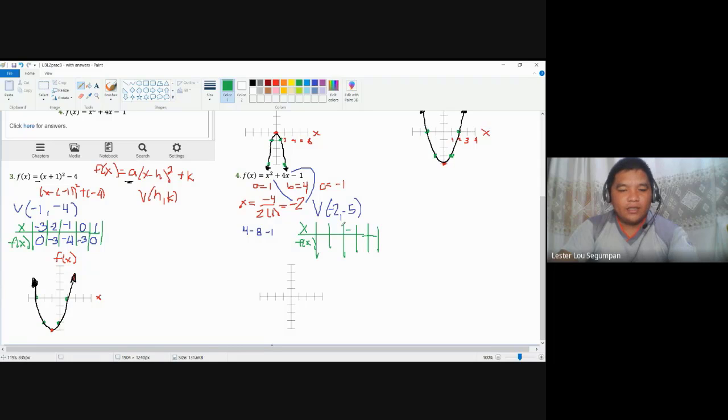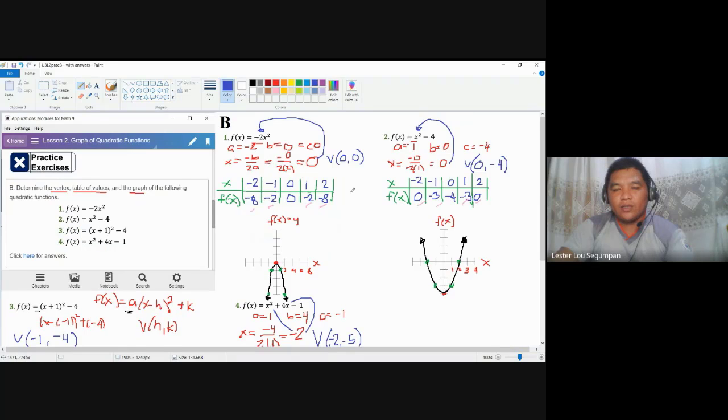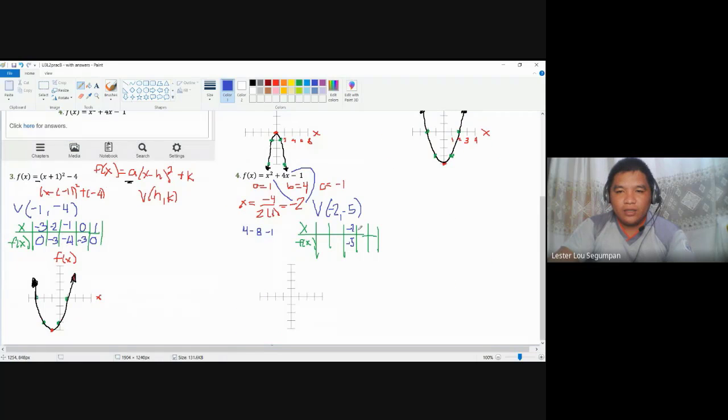You have -2, the vertex, in the middle, and -5. Let's add values here. Again, it will not use the same sets of values of x as used before, but if we use -1, 0, -3 and -4.